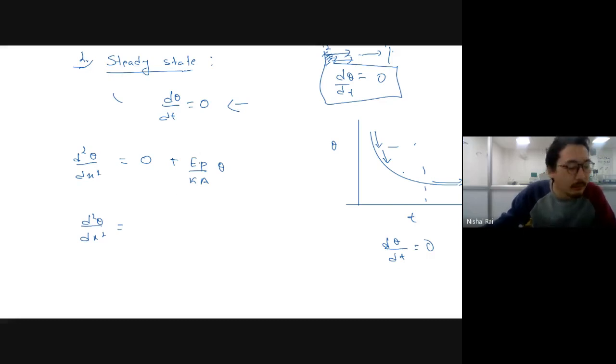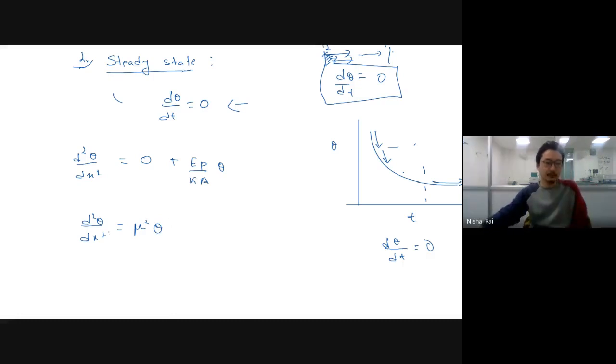Now on your right hand side, all of this quantity is constant, so we'll consider this as mu square theta. Why we are considering mu square is, if you notice, this is a certain kind of differential equation which we are familiar with.